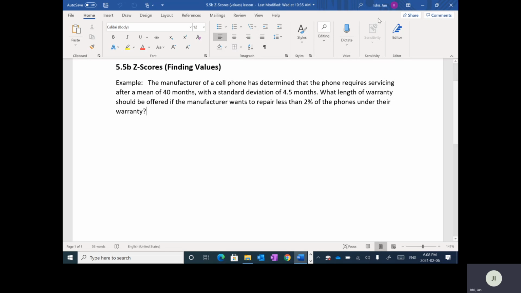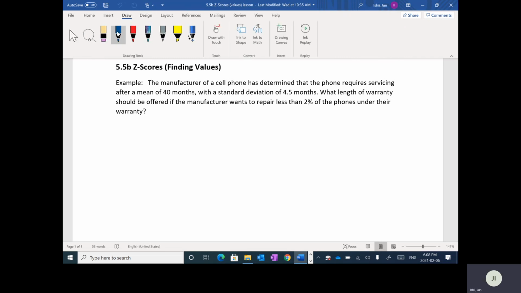If we were to draw a bell curve here, basically what it's saying is that we have a cell phone, and the mean is 40, so on average it requires servicing after 40 months. The standard deviation is 4.5.